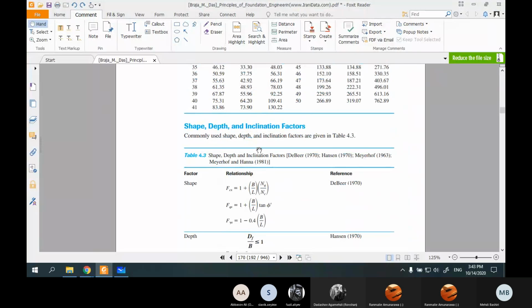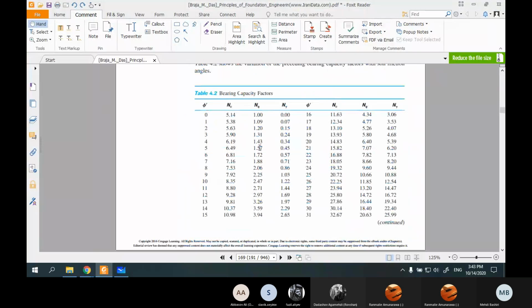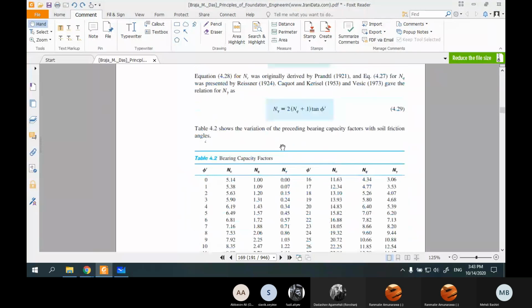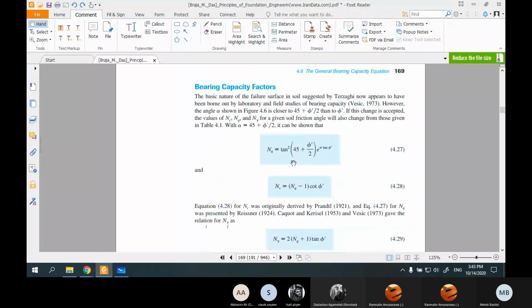And again, as I said, Terzaghi suggested the first generation of Nq, Nc, and N gamma. And if you remember, I told you that they are not 100% accurate.